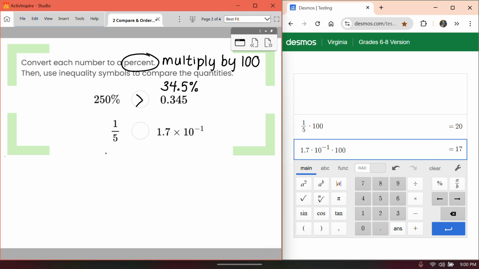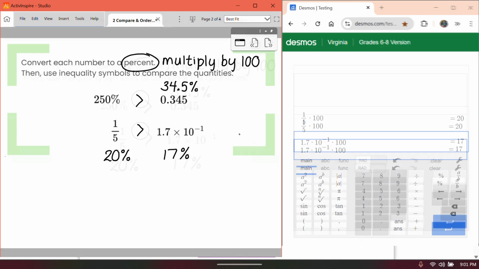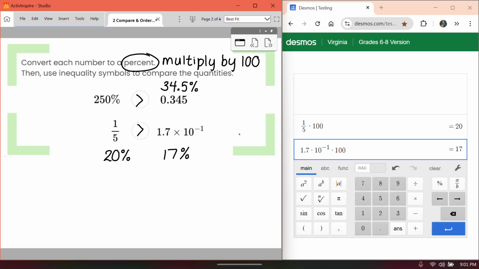So 1/5 is the same as 20%, and 1.7 times 10 to the negative first power is the same as 17%. And then I can say, oh, 20% is greater than 17%, and I can put my symbol there. So that's really why we convert everything to a percent, to make it as simple as possible. But if your school and your teacher wants you to convert to decimals, that's fine. Just make sure you double check with them and you're doing these right.